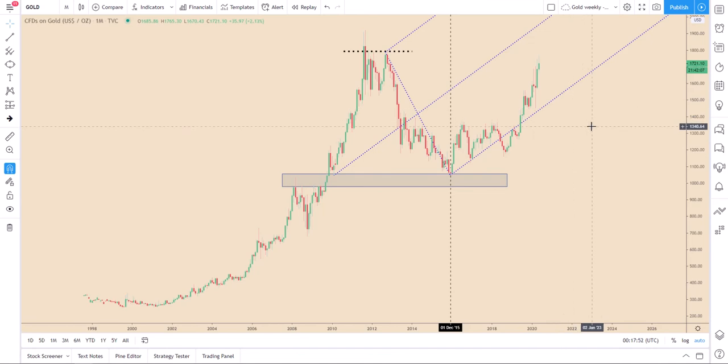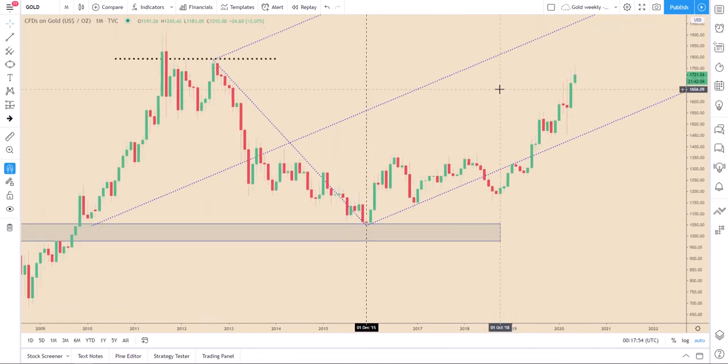So we still have the same issue. When we're drawing pitchforks, having price drop beneath the median line like this is not only not ideal, in my mind it invalidates that whole fork.